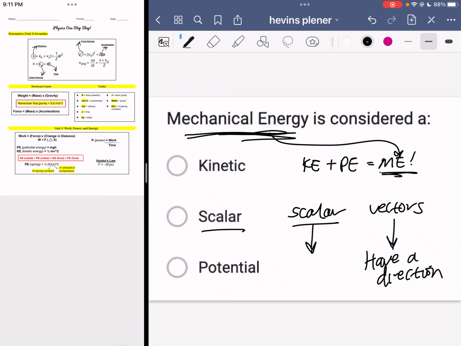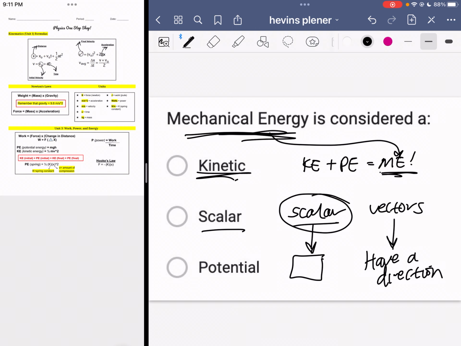When you get shocked by one of those fake gums, the gum that shocks you when you pull it, does that have a direction or does it hit you from everywhere? It has no direction. So, it's going to be a scalar.